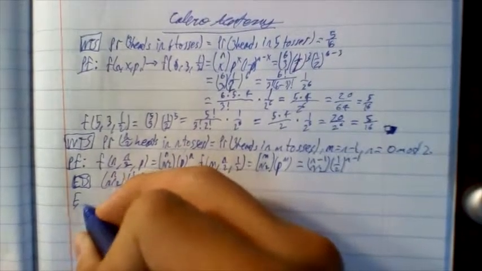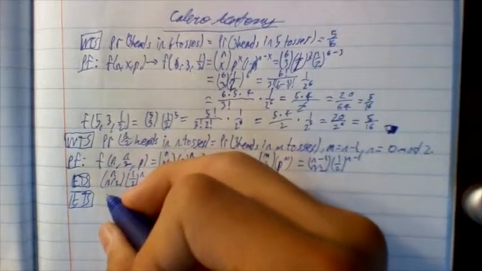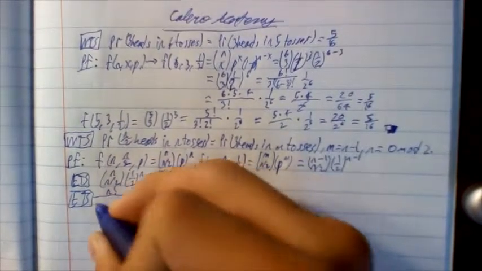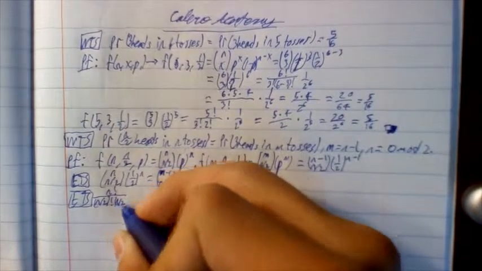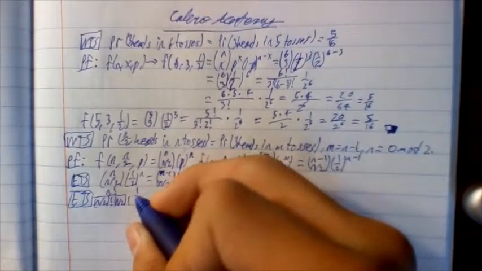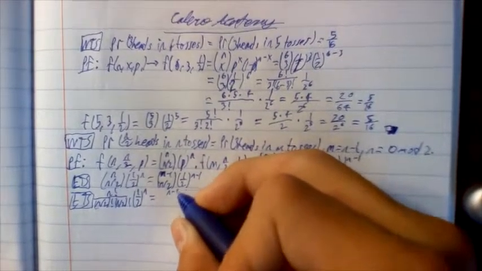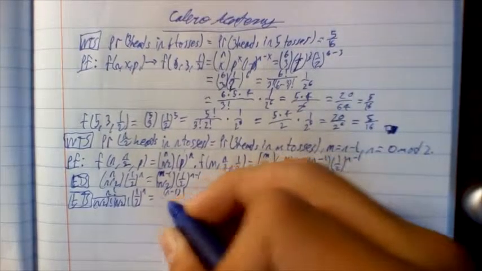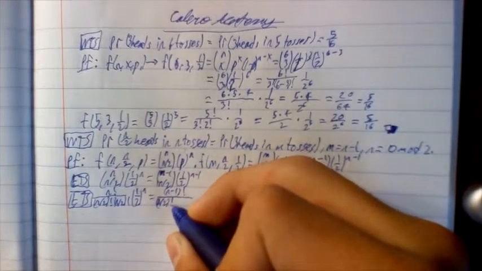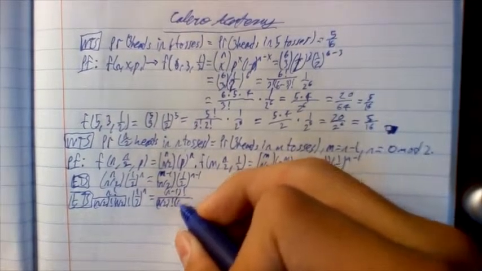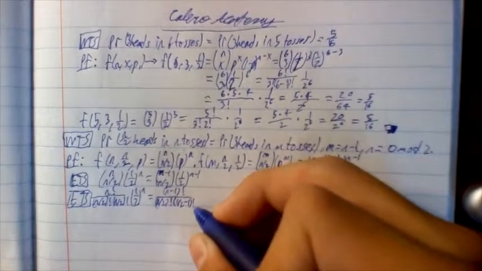Okay, now let's just keep on going down. Let's expand both sides. So it's equivalent to show that n factorial on n on 2 factorial times n on 2 factorial times 1 on 2 to the power of n is equal to n minus 1 factorial on n on 2 factorial times n on 2 minus 1 factorial.